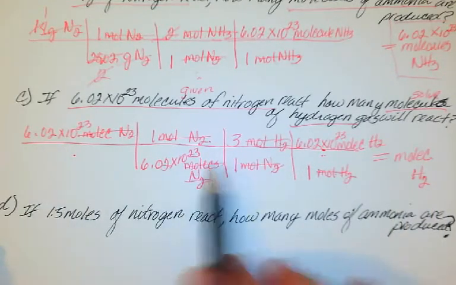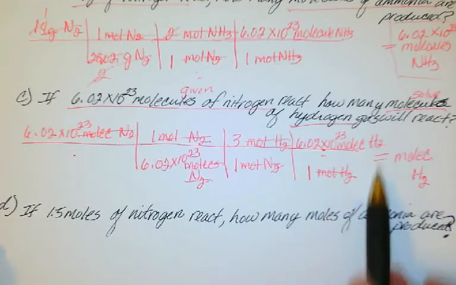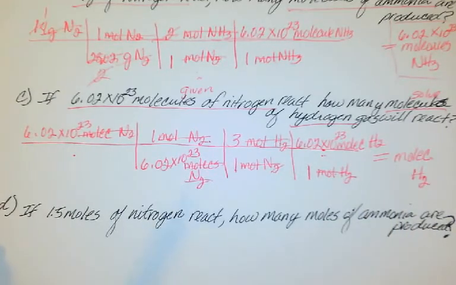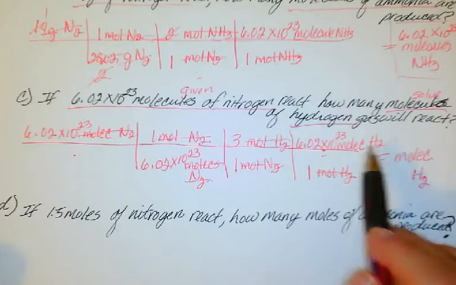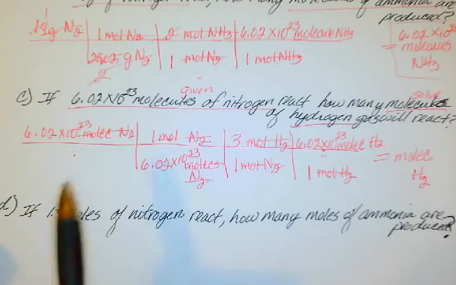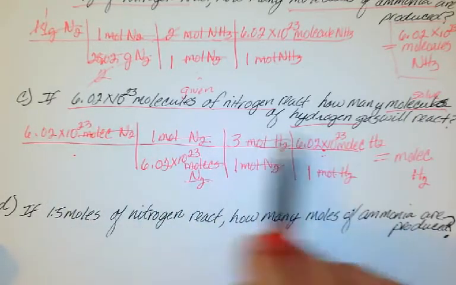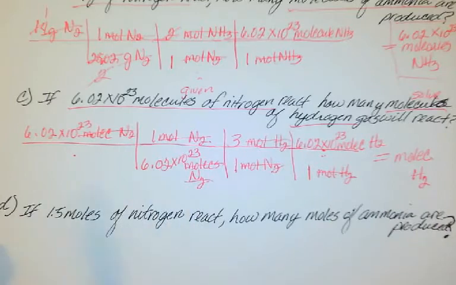And I lucked out because I'm at the end of my space, and I didn't really have room for another step without erasing this. So I've got the setup correct, and now I can multiply my top numbers and divide by the bottom.